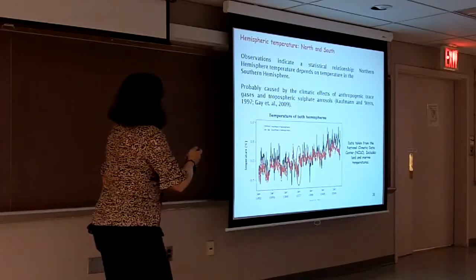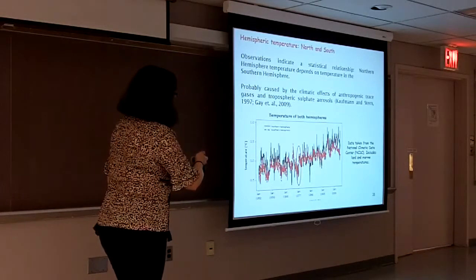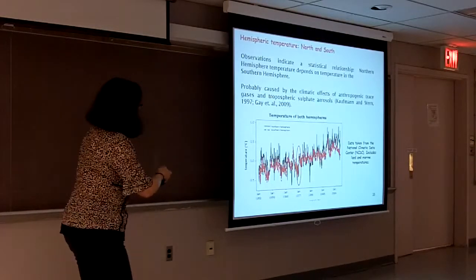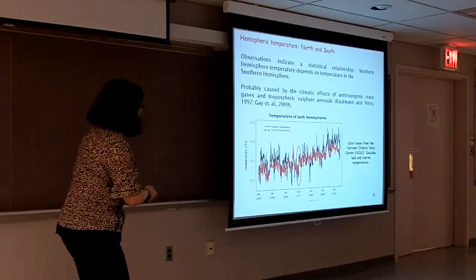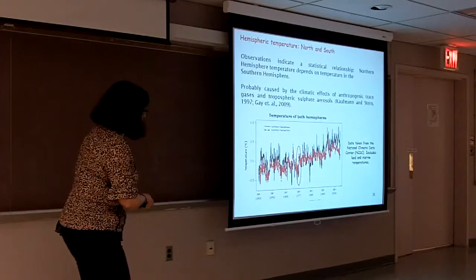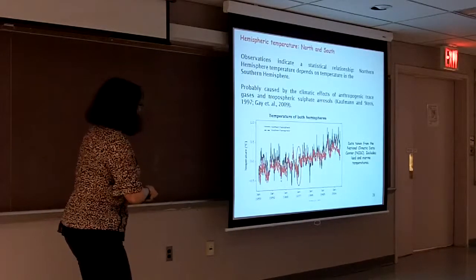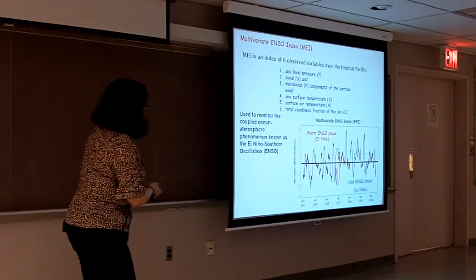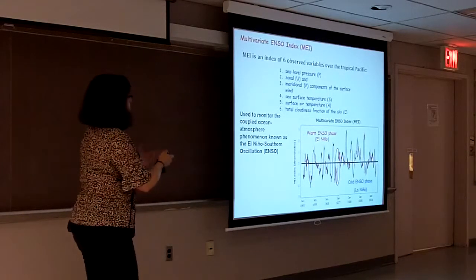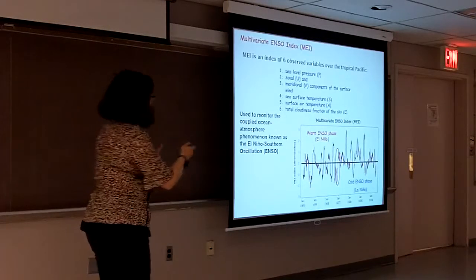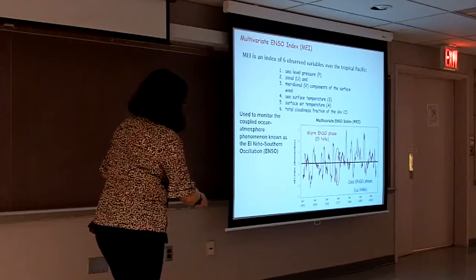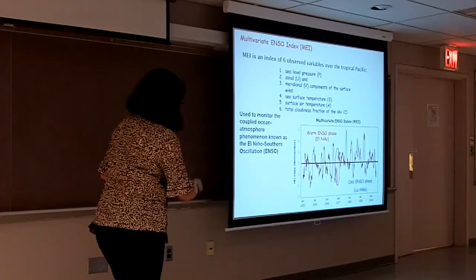I won't enter into details here, but I just want to mention that the temperature, for example, shows a structural change here in 1977. The Multivariate ENSO Index is an average of other parameters, and you also have a breakpoint here in that time, in 1977.